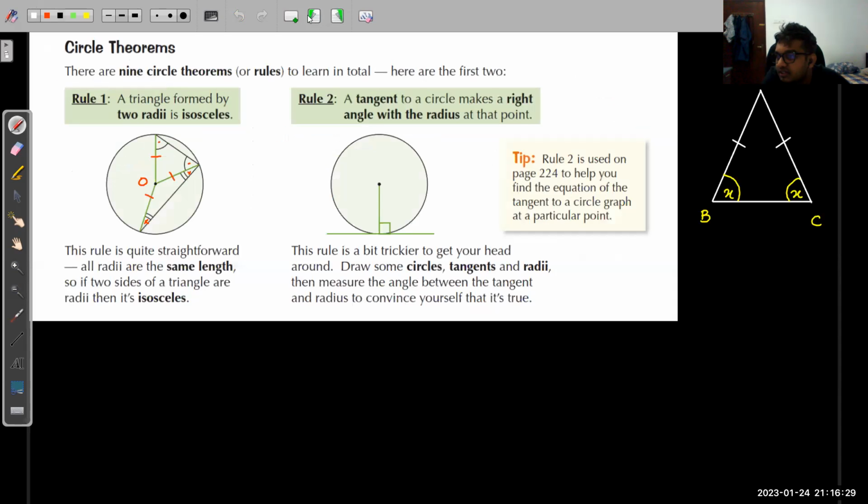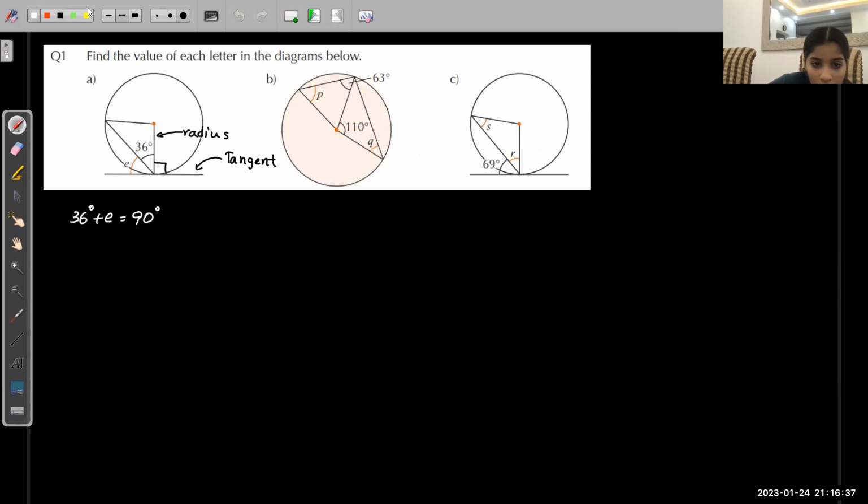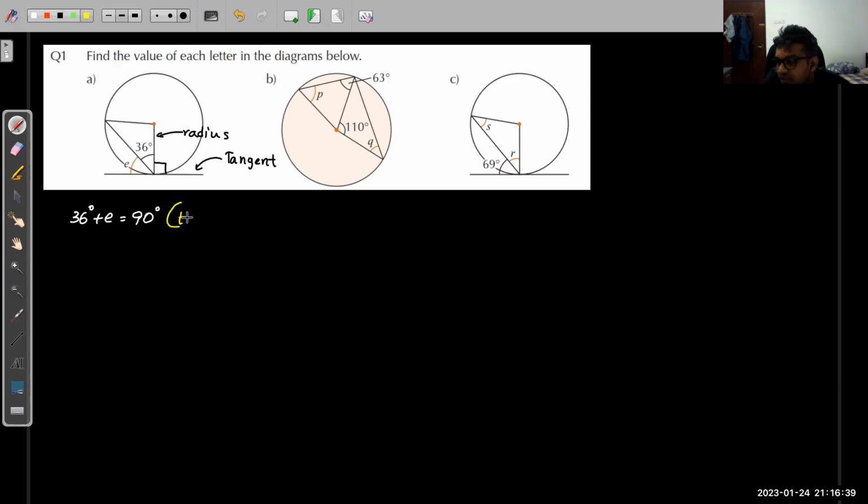See, a tangent to a circle makes a right angle with the radius. So I'm writing, make sure to write the reason also. Tangent makes right angle with radius.